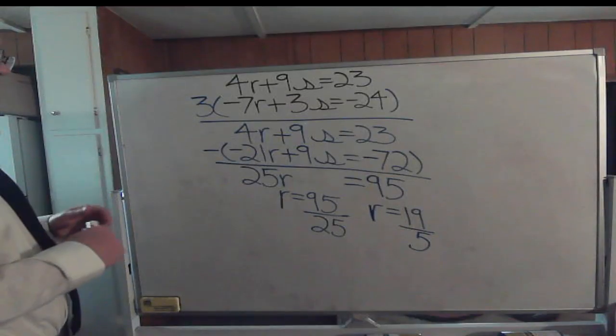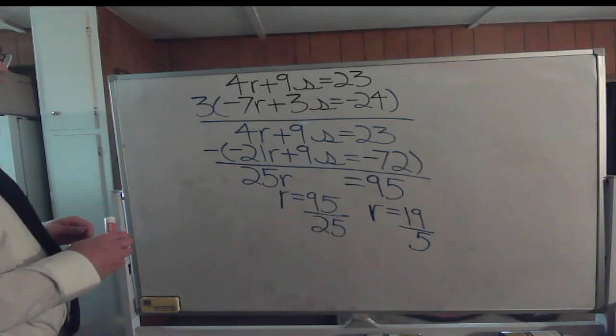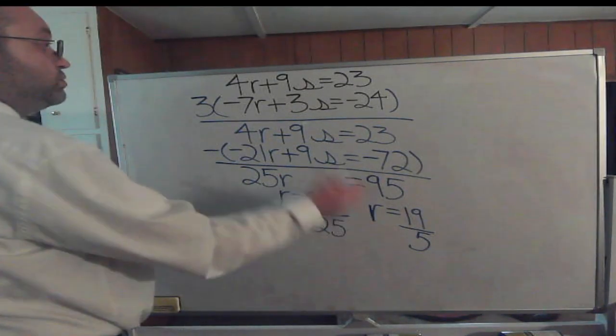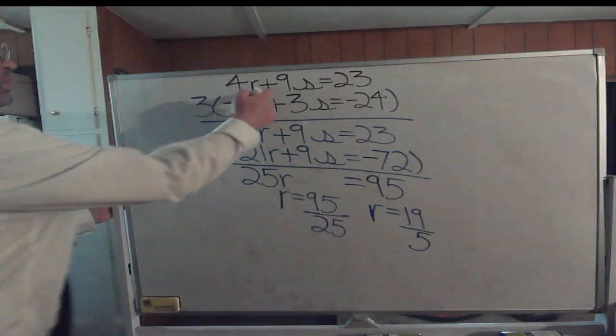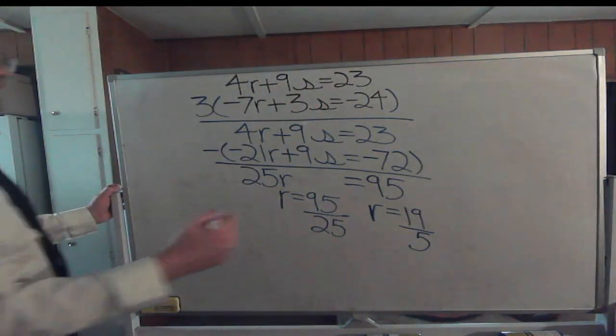Now, you're going to want to put this r value into one of these equations and solve for s. So we'll do 4r plus 9s equals 23. Let's come over here.